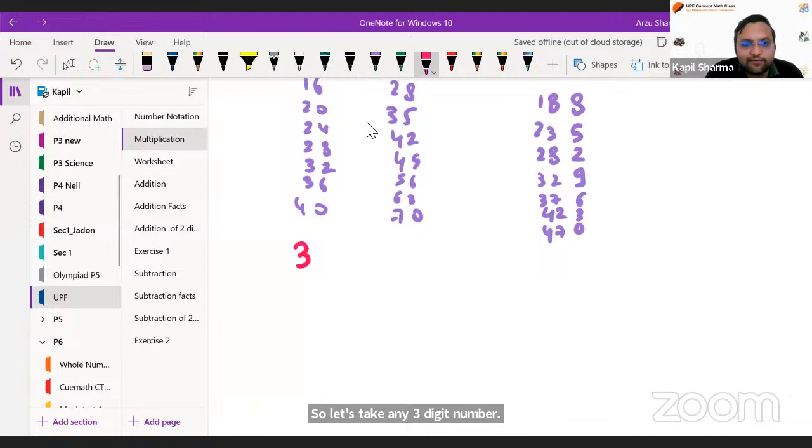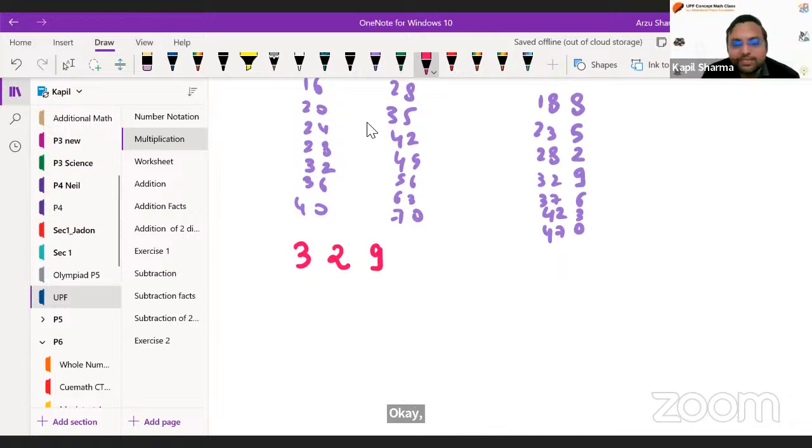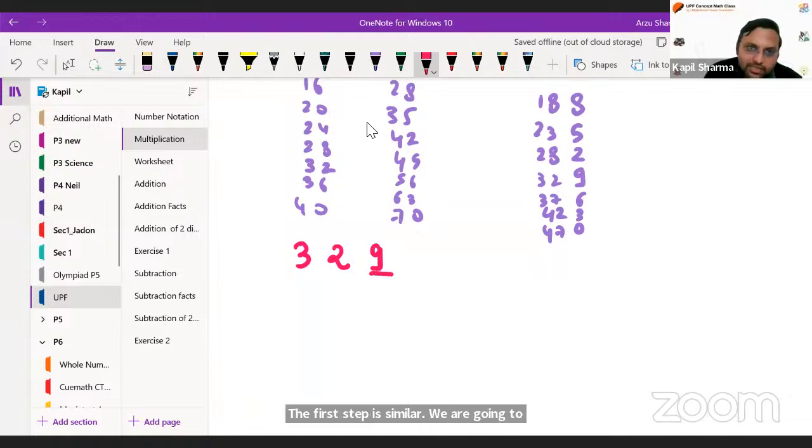Let's say we have 329. The first step is similar. We are going to write the multiples of all these three numbers: 3, 2, and 9. So let's do that.